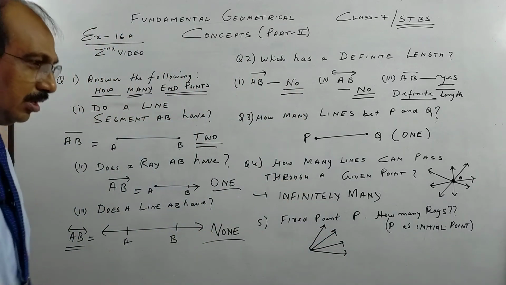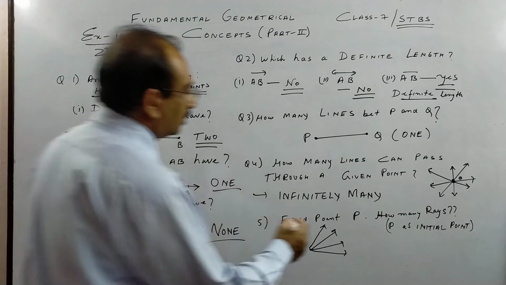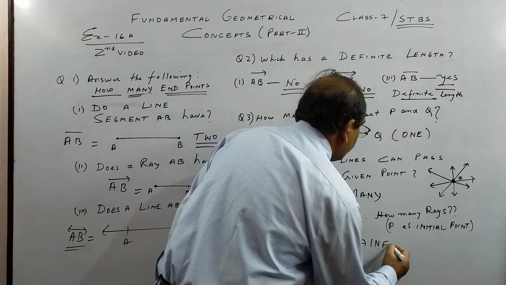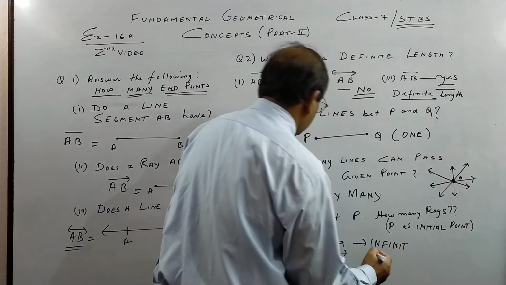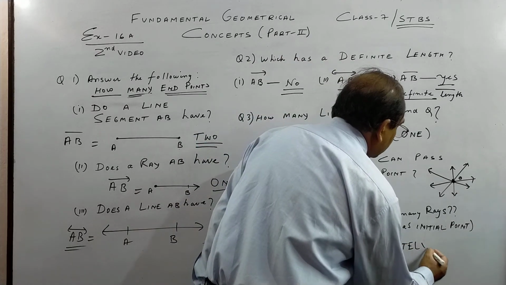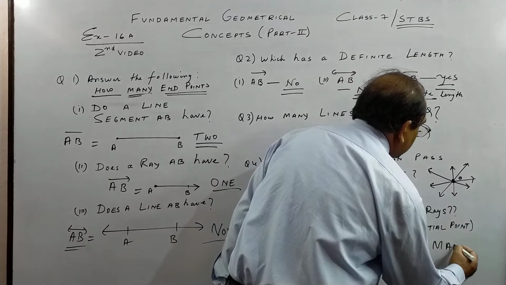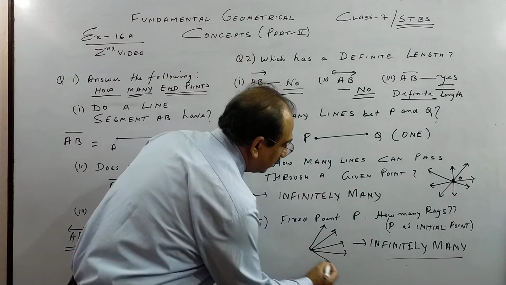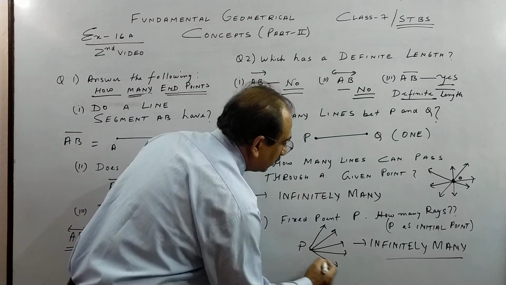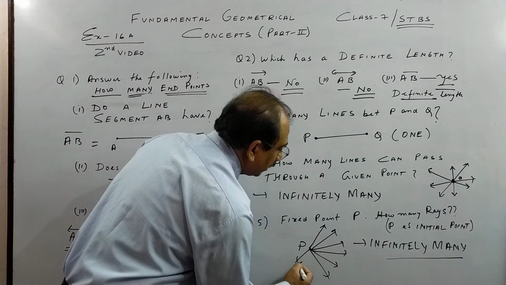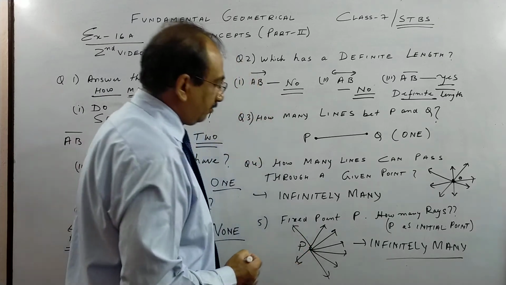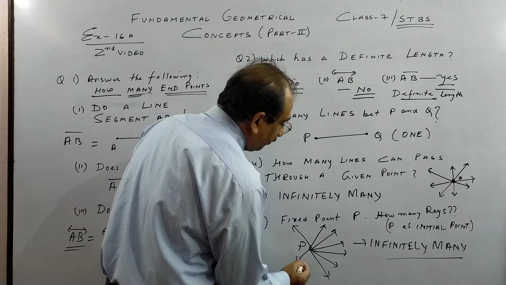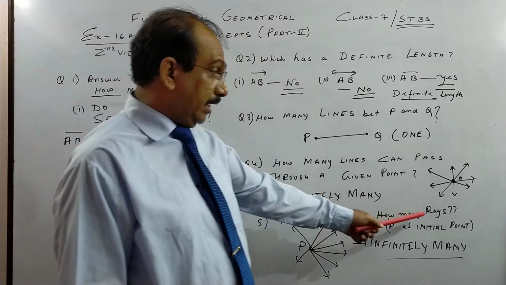So the answer here is also the same, infinitely many. This side also you can have, this side also. So from point P you can have infinitely many rays.